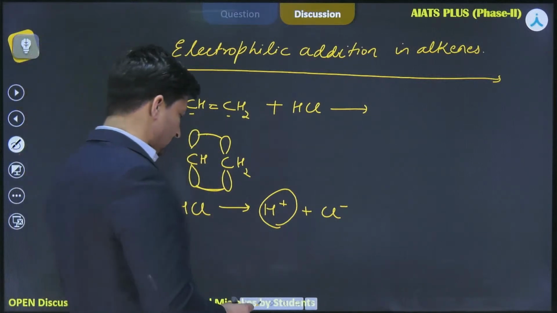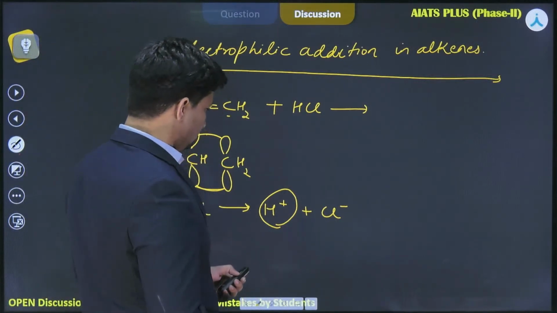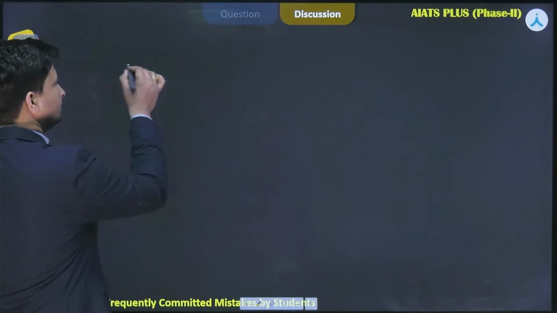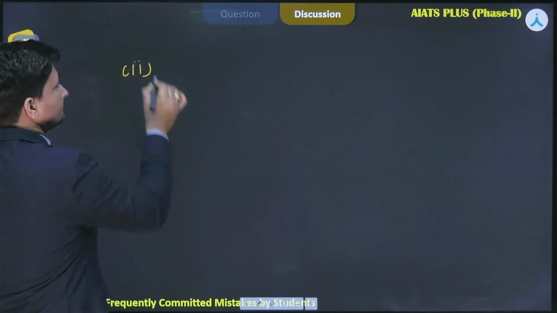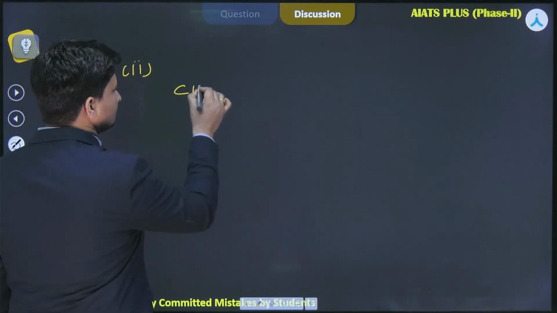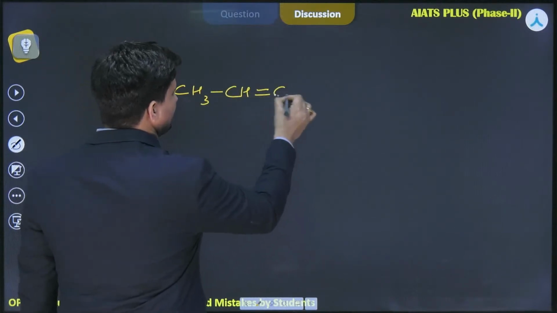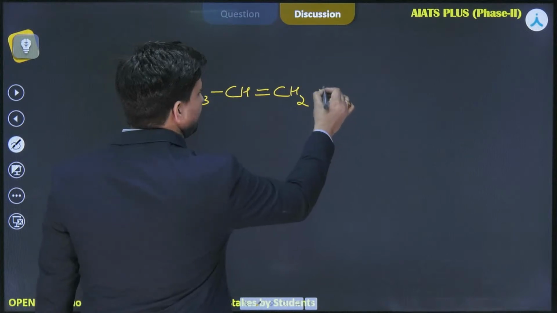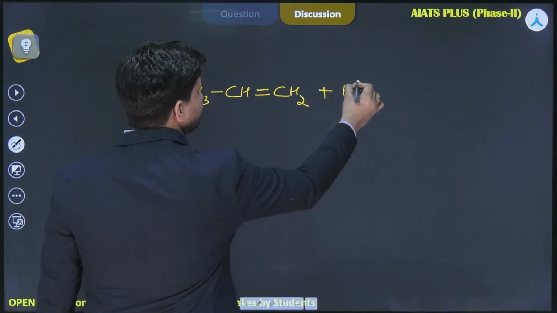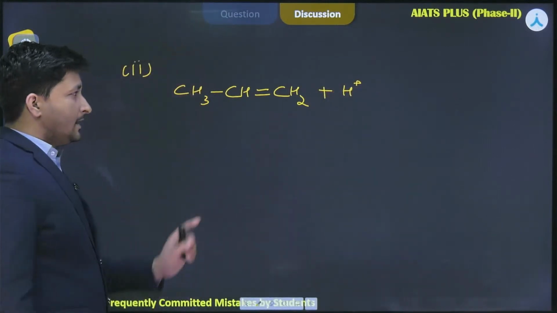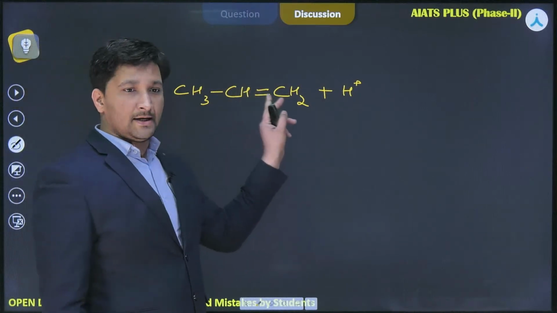And how will this attack take place? You have to understand here. CH3-CH=CH2, and if H+ is there, this step is very important. Now you can see this double bond has pi electrons.